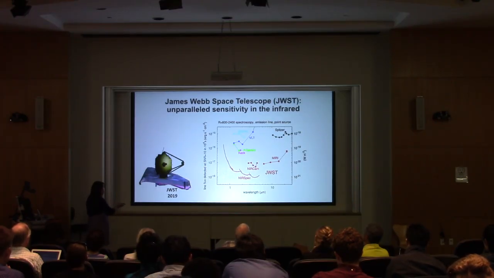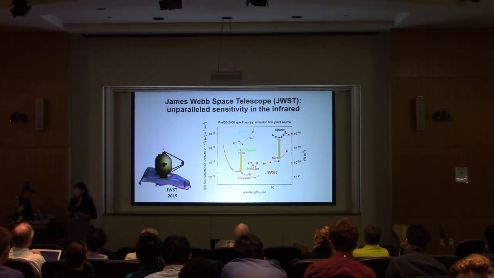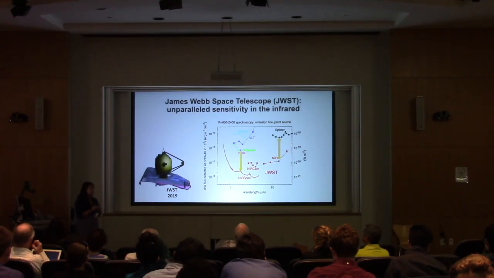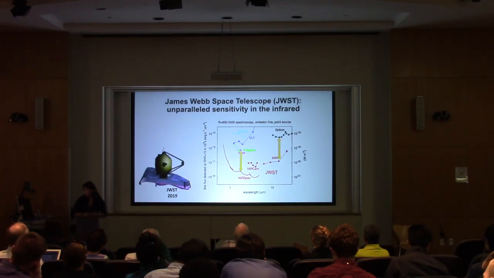Compared, for instance, to Keck at 2 micron or Spitzer beyond 10 micron, it is going to have an order of magnitude or two improvement in sensitivity in this wavelength regime. And this is obviously the first time that we are not just having spatial resolution in the mid-infrared, but also putting an IFU in space. So I'm pretty excited about that.